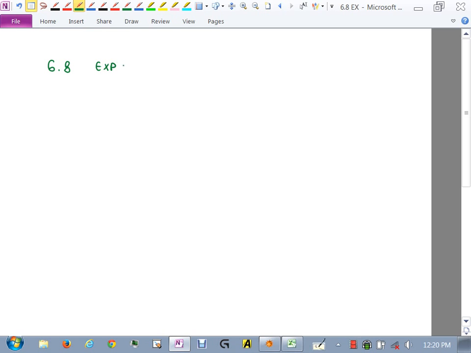Exponential growth and decay models. These are going to be word problems, yes.